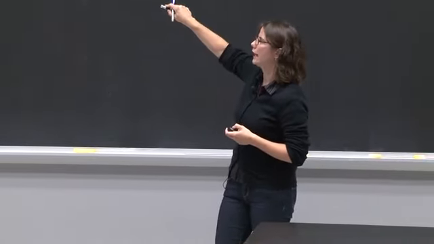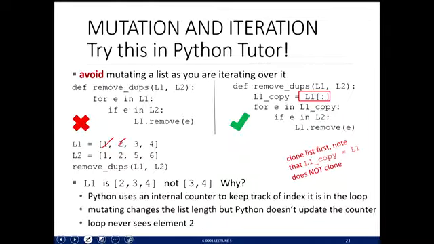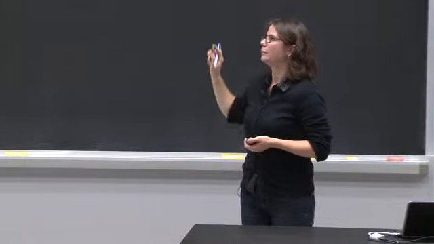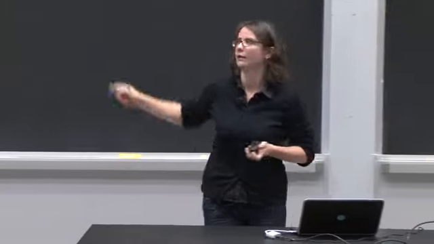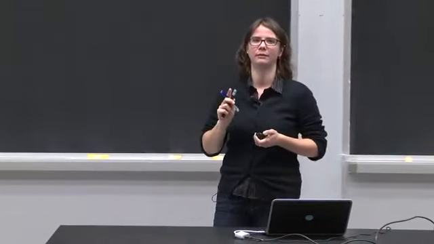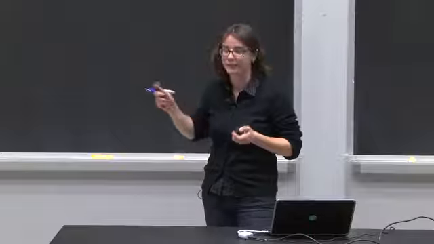So the solution to that is to make a copy of the list first, iterate over the copy, which will remain intact, and modify the list that you want to modify inside the loop. So please run both of these in the Python Tutor, and you'll see that on the left, you're going to skip over one element. So that's going to be the wrong code.